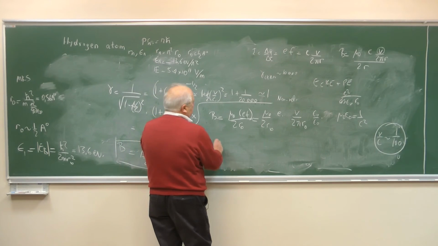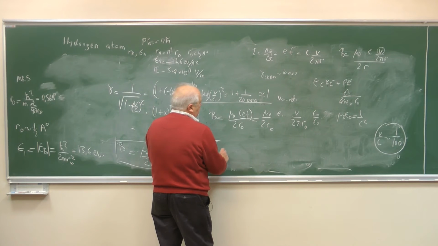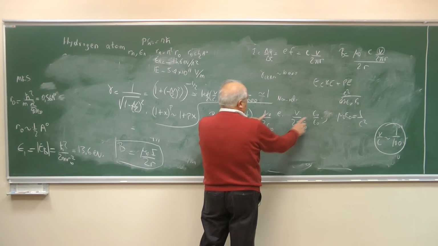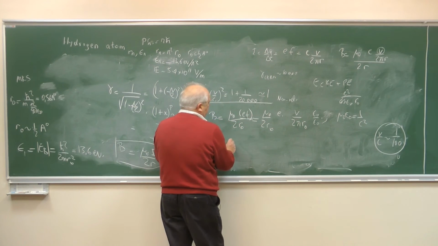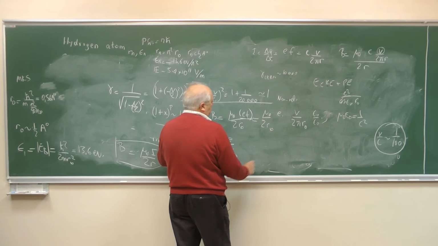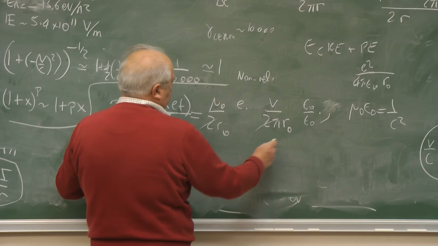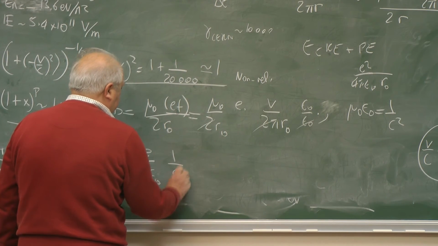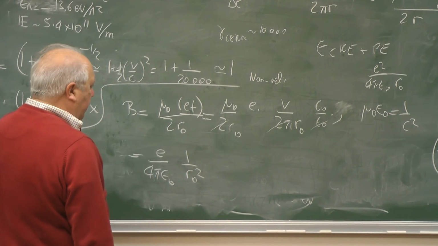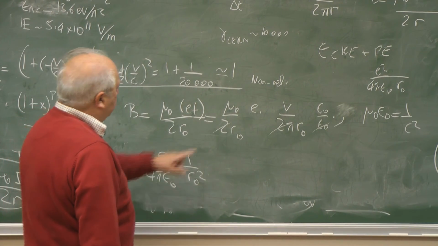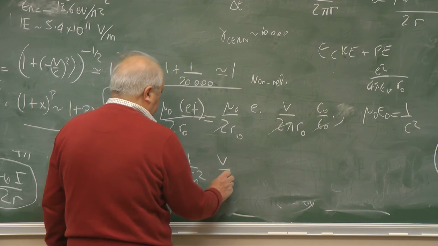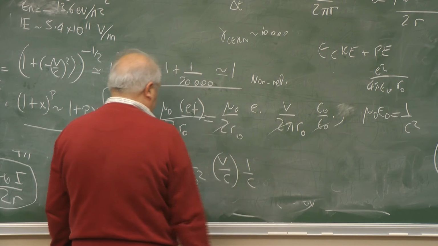All right, this is B. Now I'm collecting the terms. First let's put in 1 over c square. So I have E over 4 pi epsilon 0, then 1 over r0 square. Mu 0 epsilon 0 is 1 over c square, so it is V over c times 1 over c.